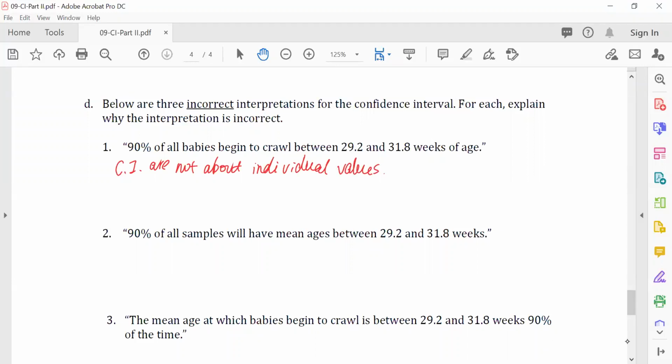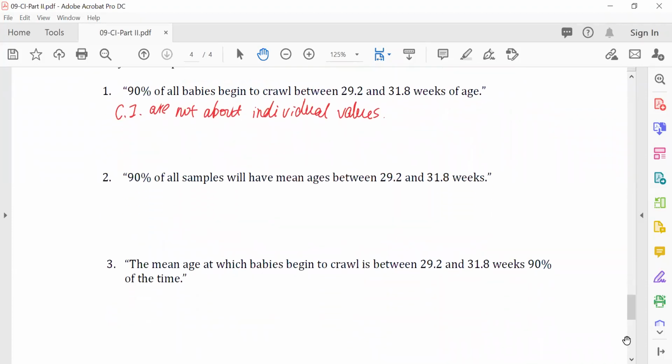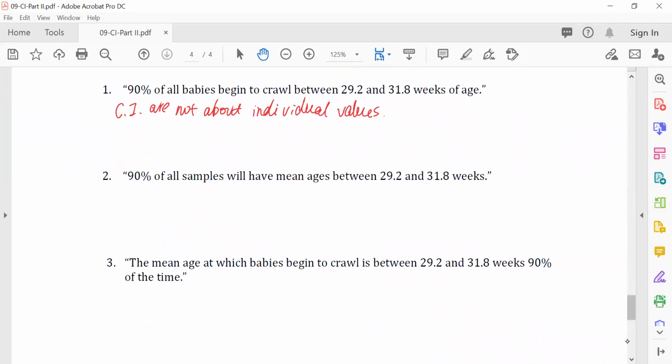What we should say is we are 90% confident that the average age at which babies begin to crawl is 29.2 to 31.8. It's not about individual babies. Okay, good. What about question number 2? Why is 2 wrong?